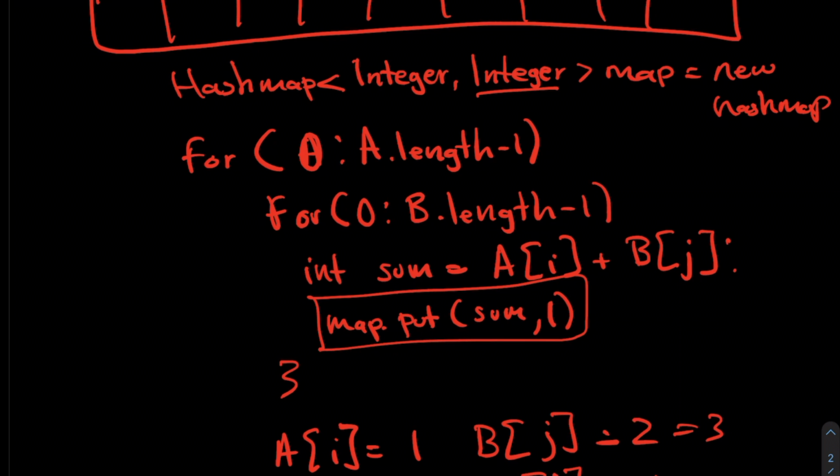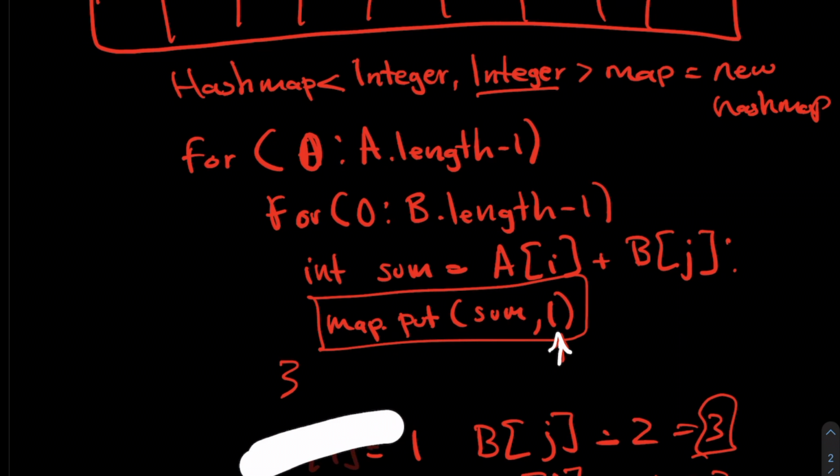They both add up to 3. So when you try to put these into the hash map, they're going to go to the same place, the 3 index in the hash map. So what you want to do is count how many times you see this sum, which is what this 1 here is actually doing.